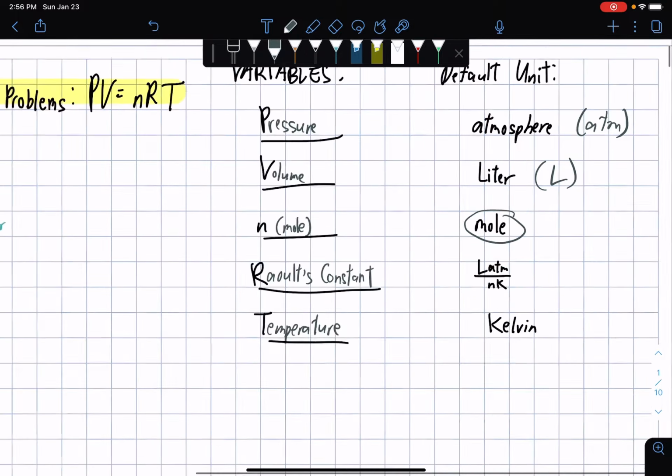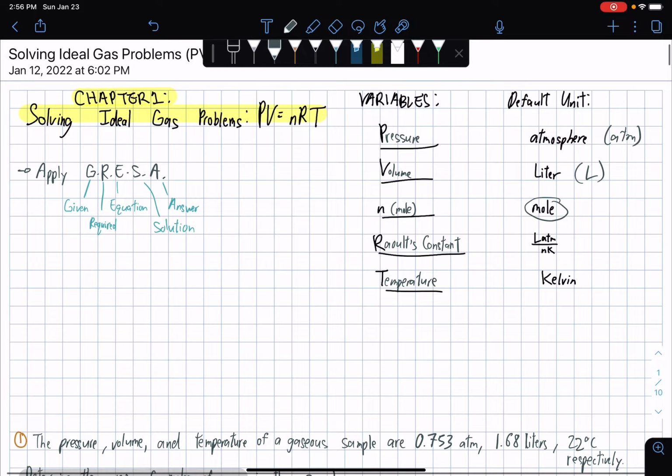So, you might ask why we still need to take note of the corresponding default units of the variables. In case the problem states the quantity of a variable that is not the default unit, the process of conversion is required.